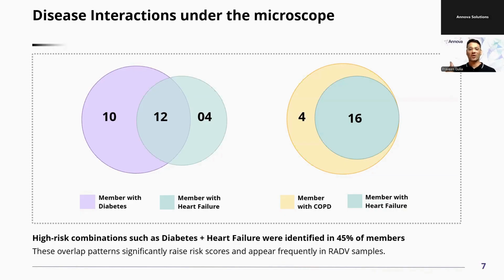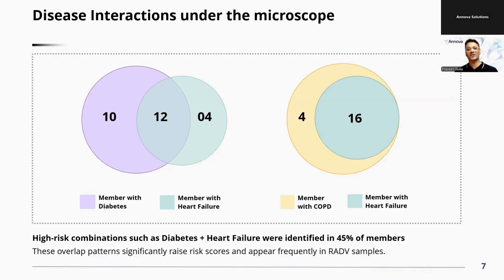All of these heart failure patients are benefiting from the disease interaction factor. The patient is also suffering from diabetes or COPD or maybe both. But in all these cases, the member benefits from the disease interaction factor. That's why heart failure is in this group.